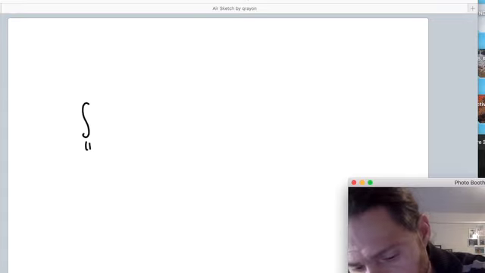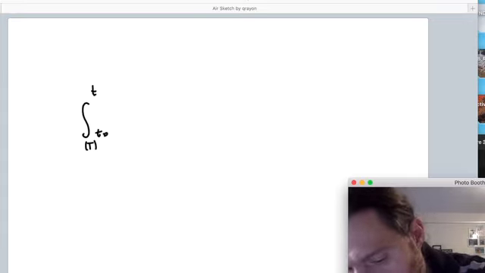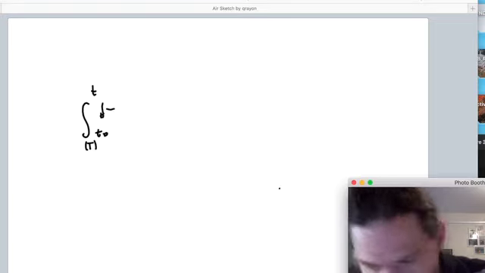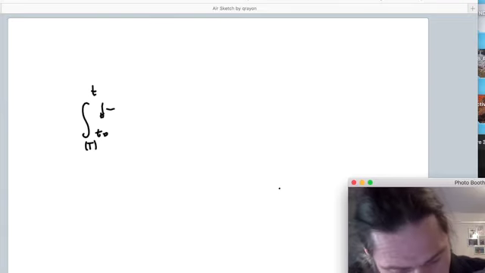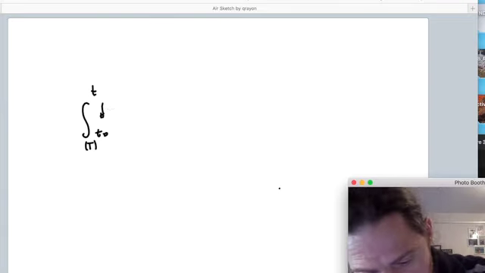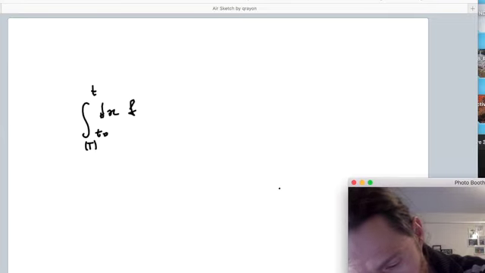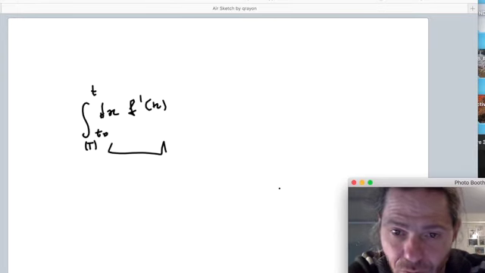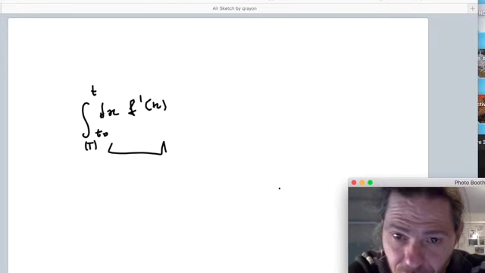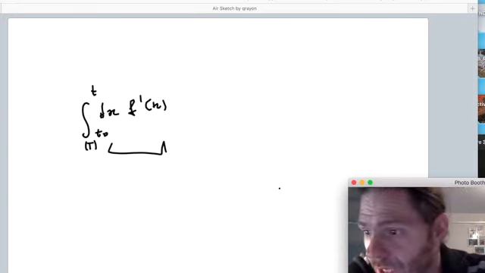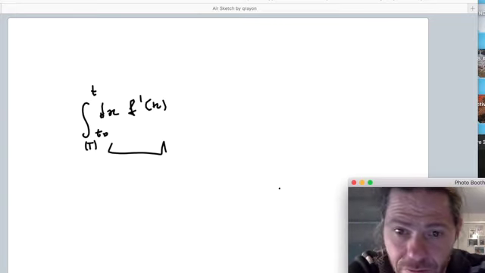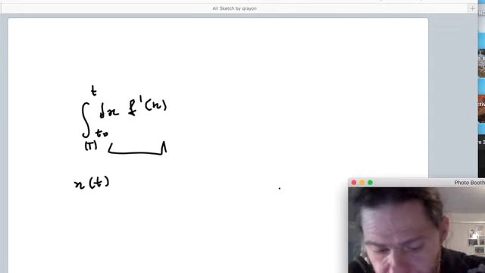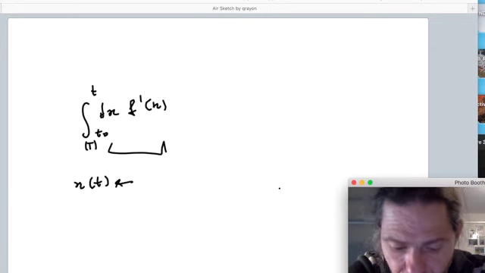If I take the Ito integral from, say, t_0 to t, of a function that depends on t through x, the integral in dx of f prime of x, that's exactly what we were heading towards before. So we want the fundamental theorem of calculus. I'm computing the integral of a derivative of a function of x over some time, where x is a time series obtained by the Ito rule.